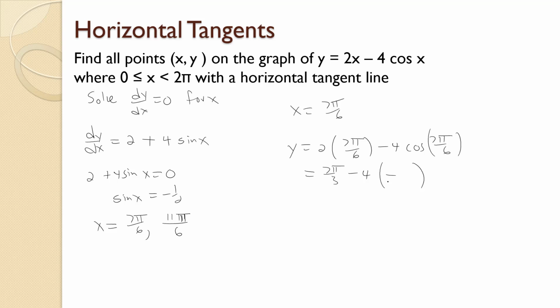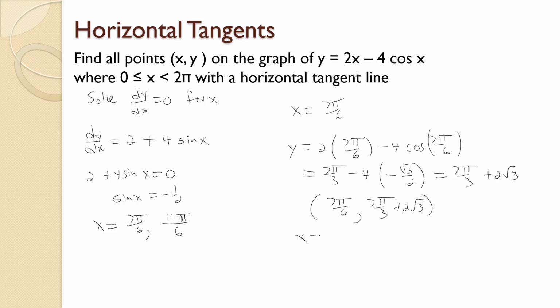The reference angle of 7 pi over 6 is pi over 6, and the cosine of pi over 6 is the square root of 3 over 2. So the y-coordinate is 7 pi over 3 plus 2 times the square root of 3. So that point then is 7 pi over 6, comma, 7 pi over 3 plus 2 square root of 3. That is one of the 2 points.